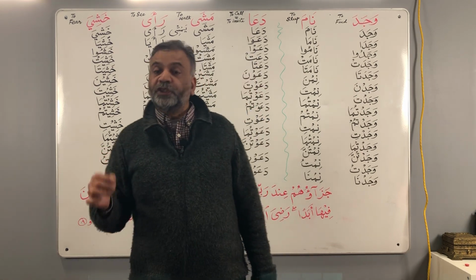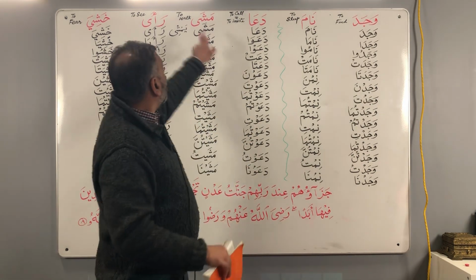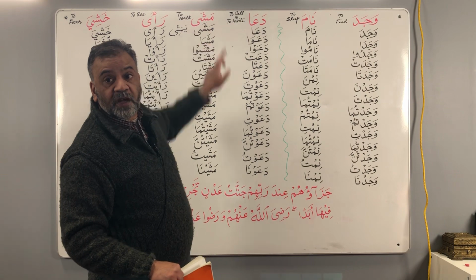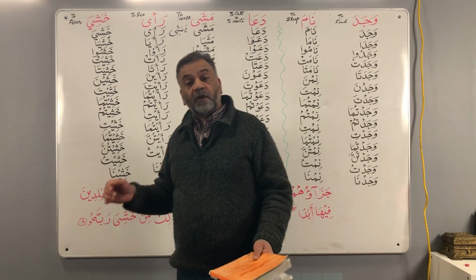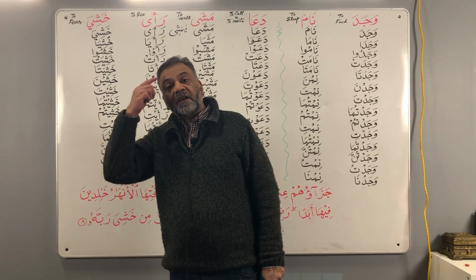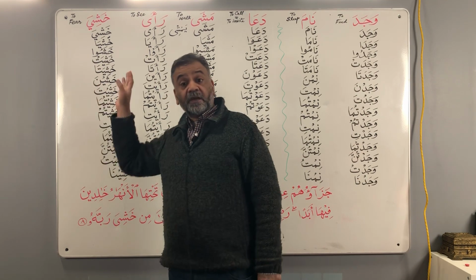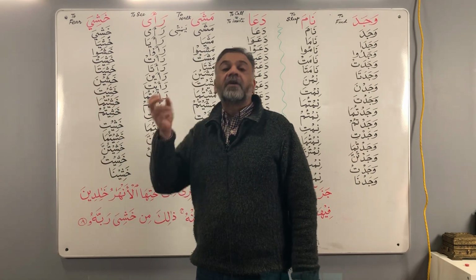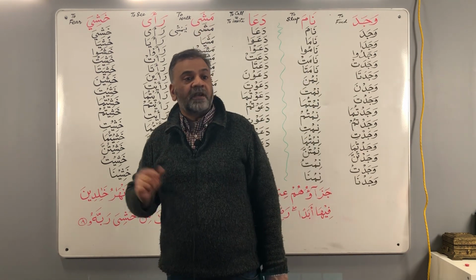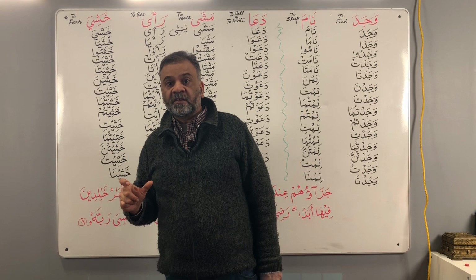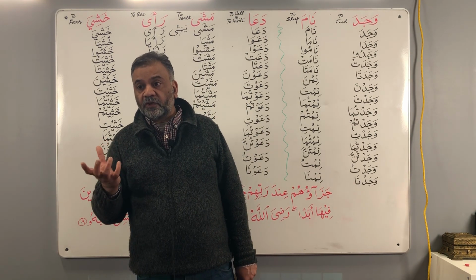So, it is actually yamshi-yu, but I do not say yamshi-yu, because in the original it was alif maksura. So I keep that alif maksura there, but I say fi'lun mudari'un, marfu', there is an imaginary damma there. My mind knows the damma is there and it is a complete ya, but I cannot write it because I do not want to destroy the original.